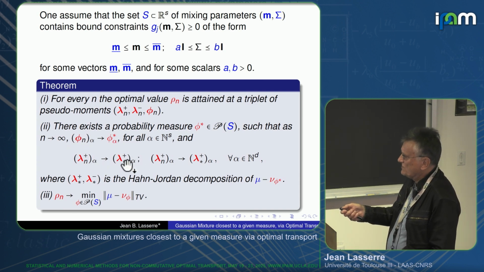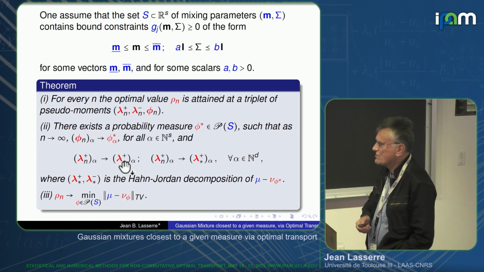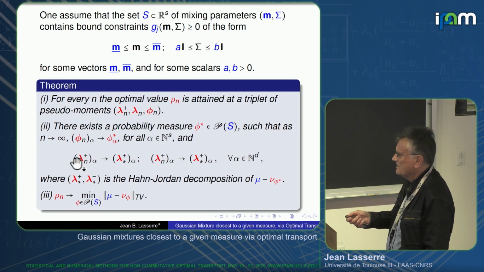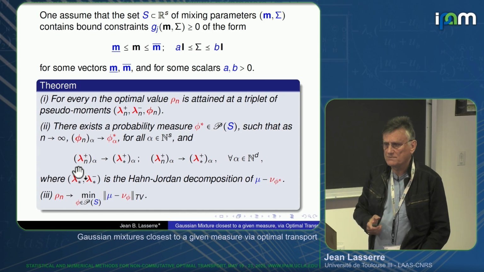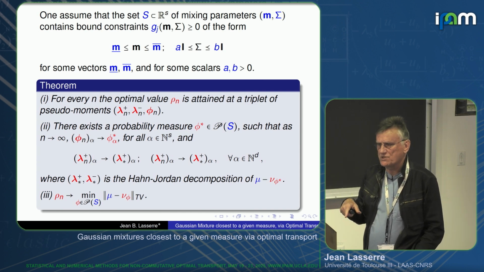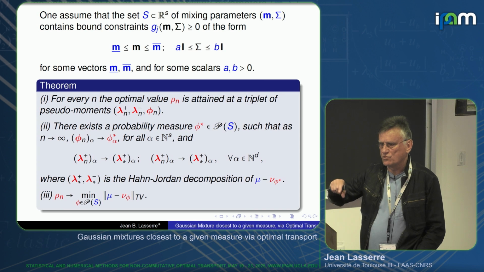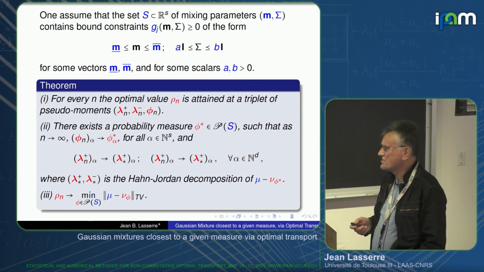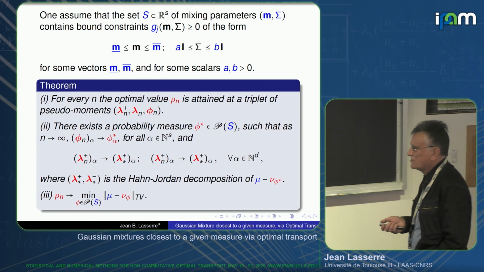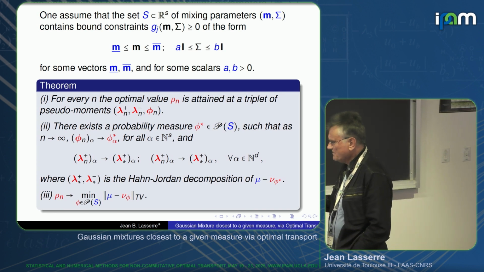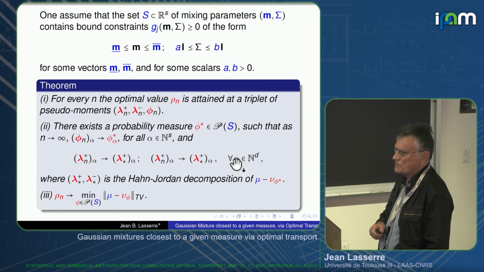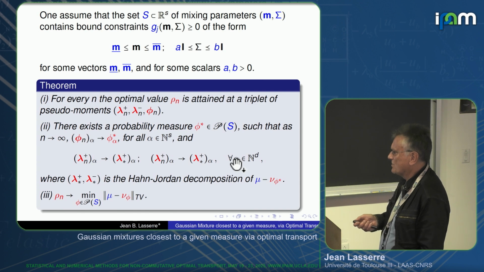And now you converge not up to a subsequence, but for the whole sequence, okay? Because the Hahn-Jordan decomposition is unique. So contrary to the Wasserstein distance, now we don't have to go to subsequences. The whole sequence converges because you know in advance that the Hahn-Jordan decomposition is unique. So the pseudo moments converge to the Hahn-Jordan decomposition.